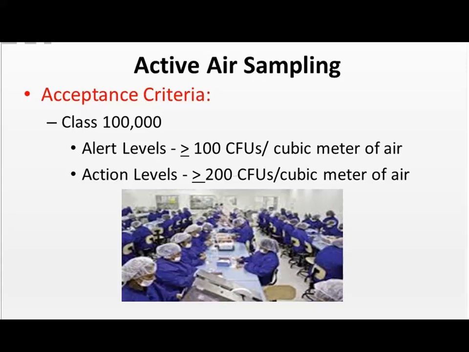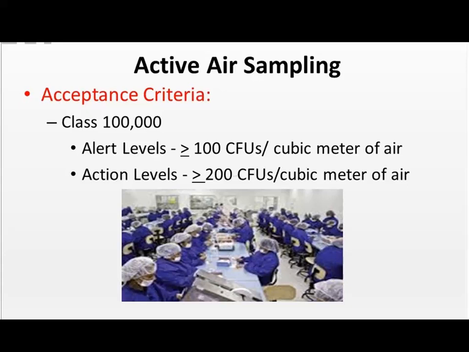And if any time that reaches your action level, then you have SOPs in place as to what happens when you reach your action level. When action levels are reached, you should always be identifying those organisms, because you need to know what you're dealing with and how to most effectively get rid of that organism with your cleaning process. You need to do an investigation as to how it got into the environment, why it is at such levels.